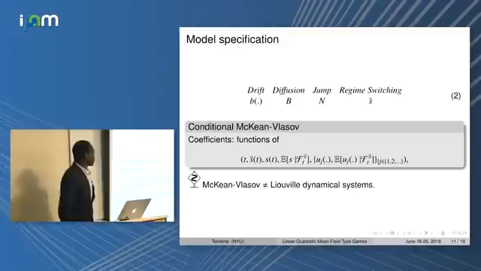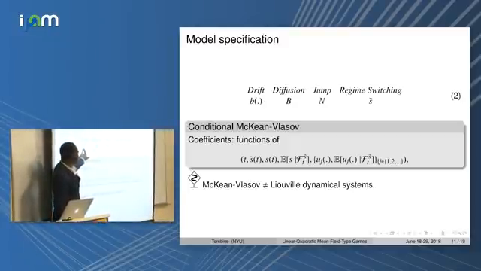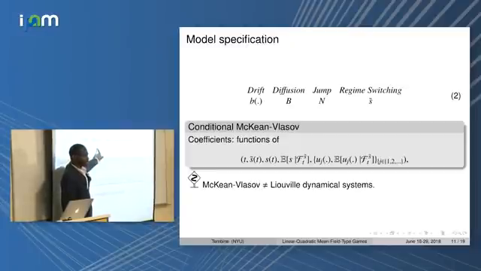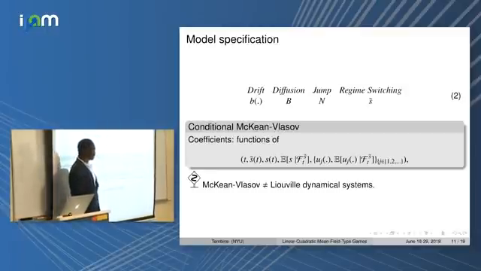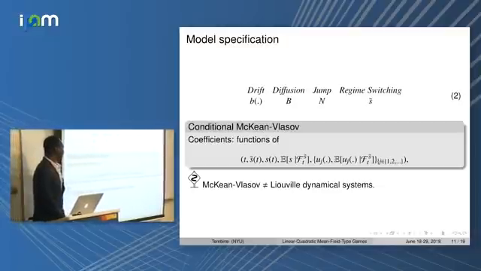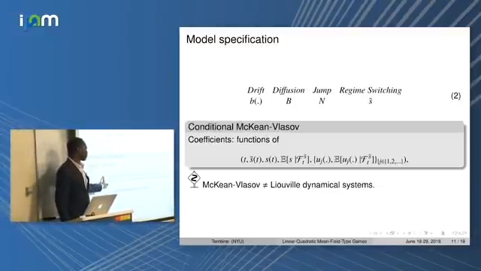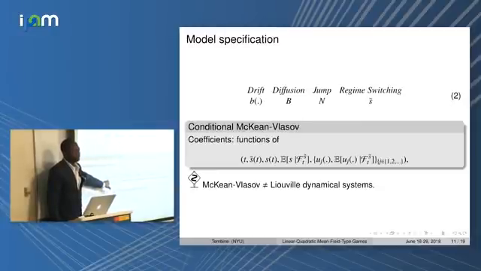So remember now, the coefficients are linear. Big B denotes the Brownian motion. N is for jump. N tilde is for the compensated jump. S tilde is for switching. S is for the state. And this system is what we call conditional McKean-Vlasov because of the conditioning. But without that, it's the McKean-Vlasov system.